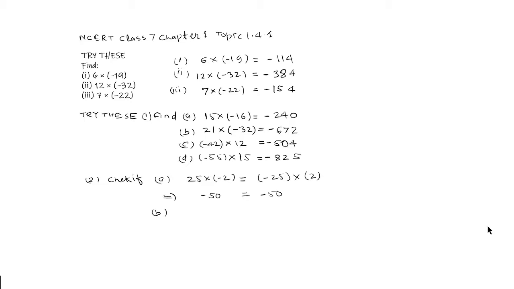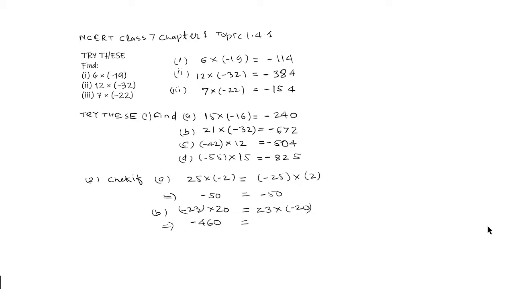And B, so we have to verify minus 23 multiplied by 20 equal to 23 multiplied by minus 20. So we solve it like this. 23 times 2 is 46 and we put 0 here. And there is a minus sign prior to 23, I put minus here.